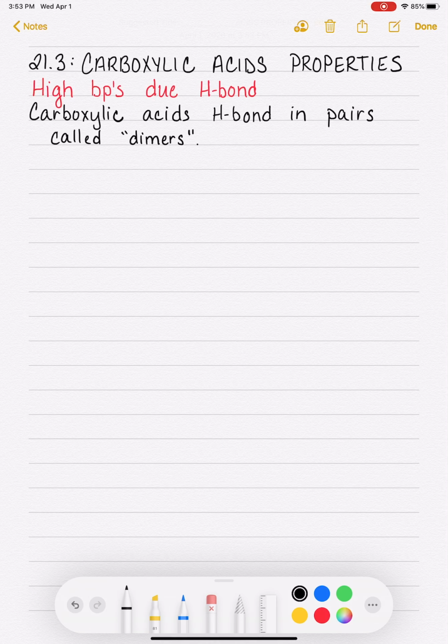And I'm going to draw a picture of what that actually looks like. This is actually a problem from your Sapling homework, problem 9 from the chapter 21 part 1 problem.